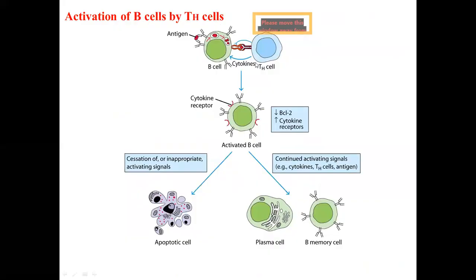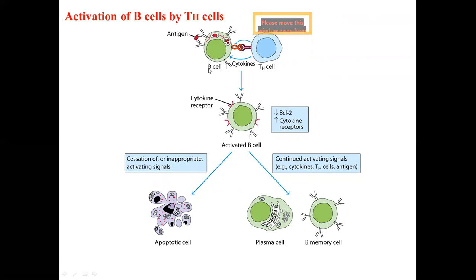For example, here you can see how the T helper cell, after activation, activates other immune cells. Take the B cell, which acts as an antigen presenting cell and is also called a phagocytic cell.